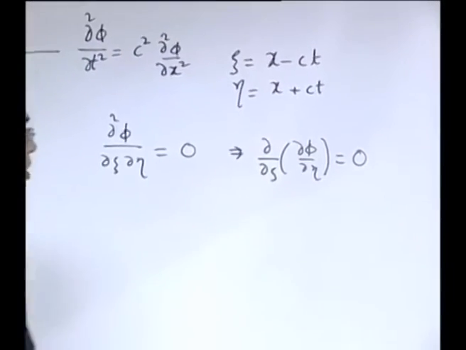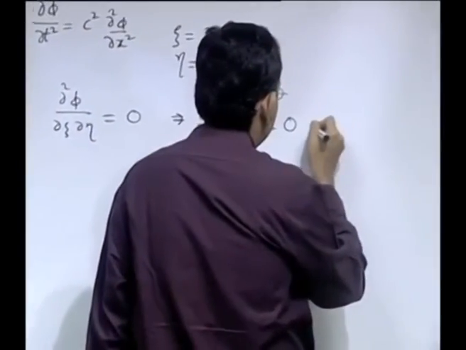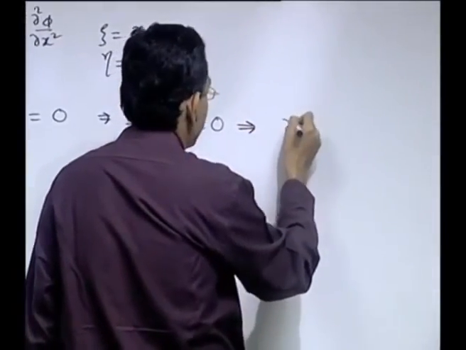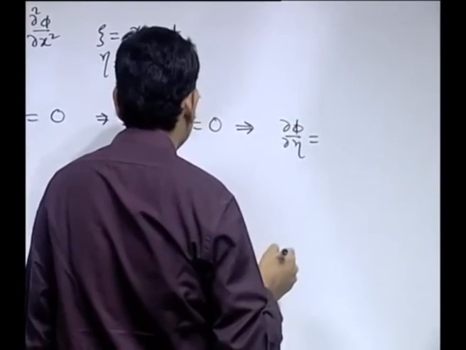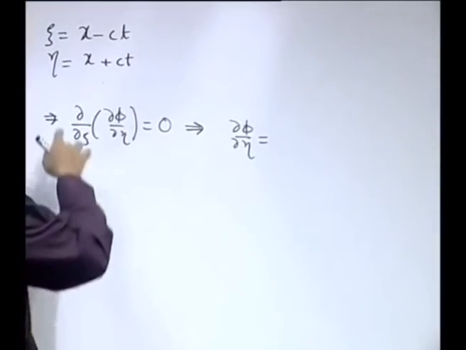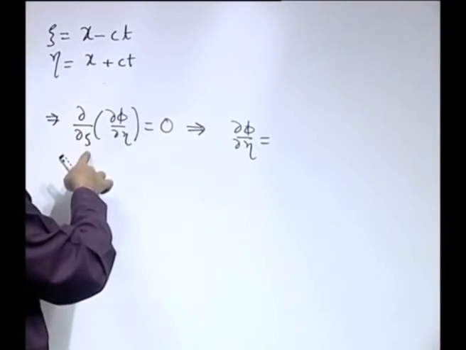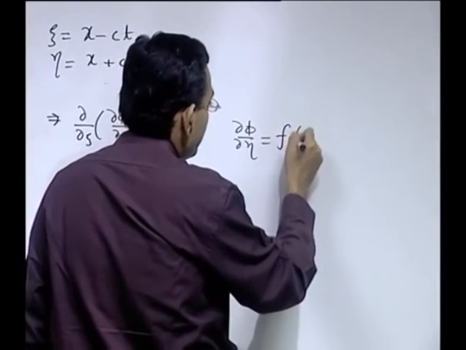So from here what we can conclude? It is not constant, its partial derivative with respect to zeta is equal to 0, that means it is some function of eta.